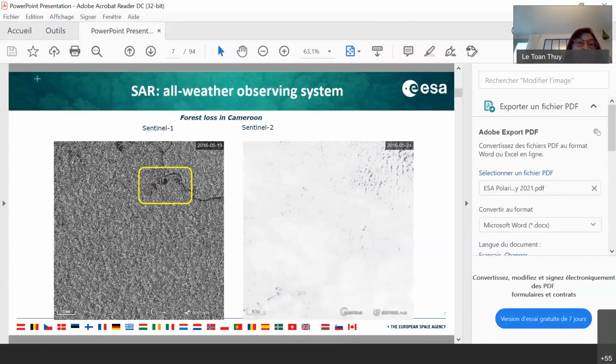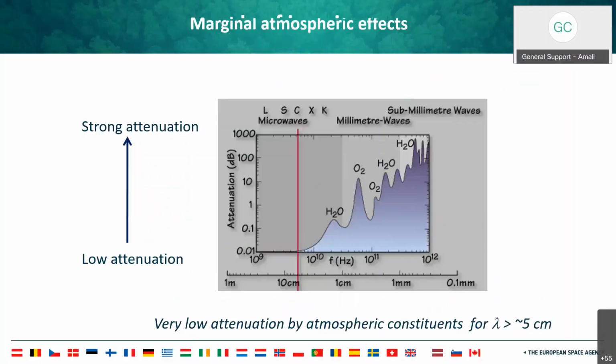Here you see the Sentinel-1 with the very dense tropical forest. Okay, so can I have 1 minute to look at the PowerPoint? You see my screen, okay?